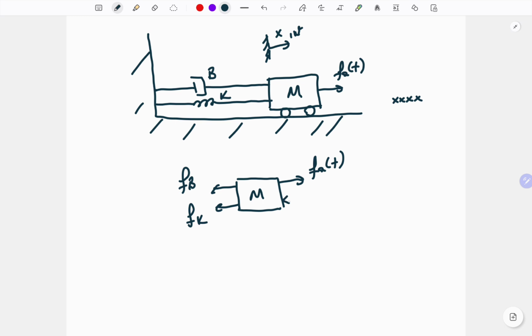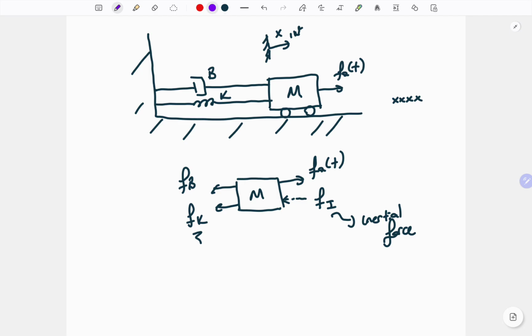So it is the same with the other B and K, and it must show the left side also, because it will show resistance to the applied force. So Fi shows the inertial force, Fb the force exerted by the dashboard, Fk the force exerted by the spring, and Fa is the applied force. So what about their expressions?